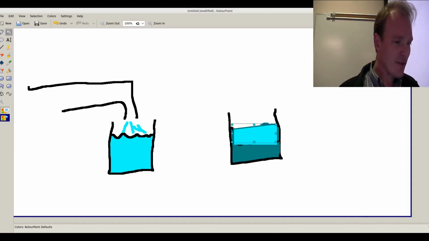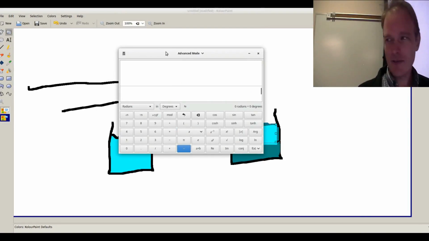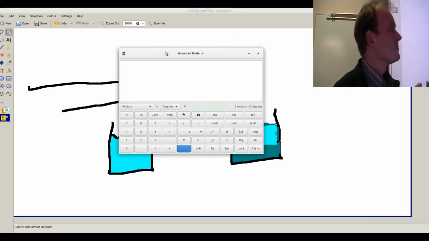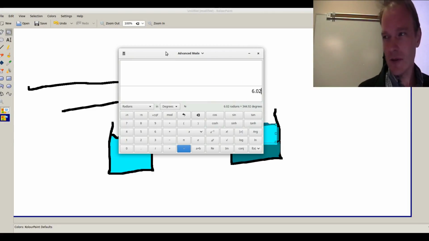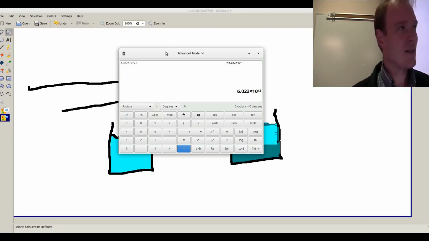In real life, how many times do you actually have to do it? Let's see. If I remember correctly from my chemistry from high school, there's 1 mole of atoms in a gram of hydrogen. So what's that? 6.022 times 10 to the 23rd. That's 1 mole.